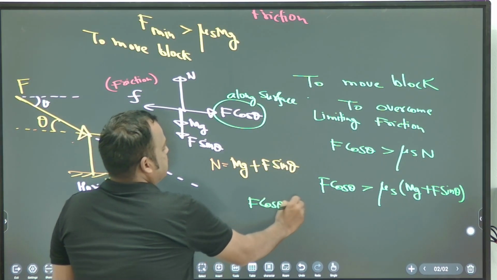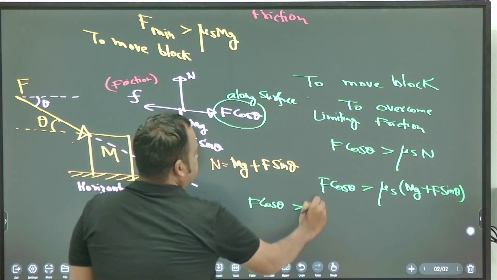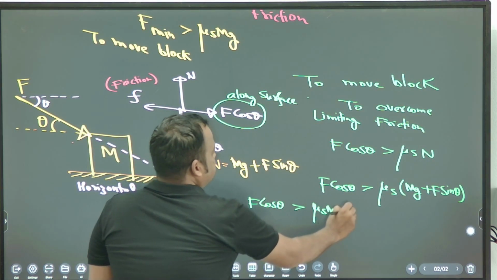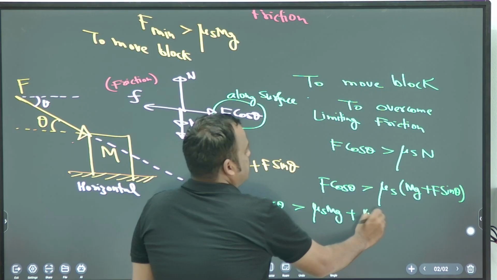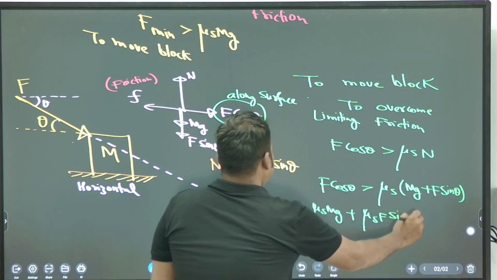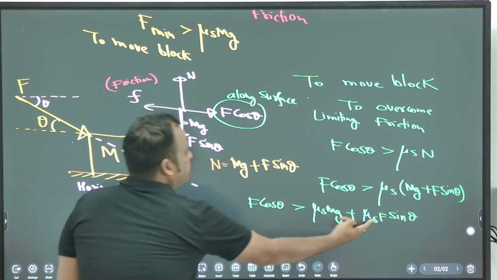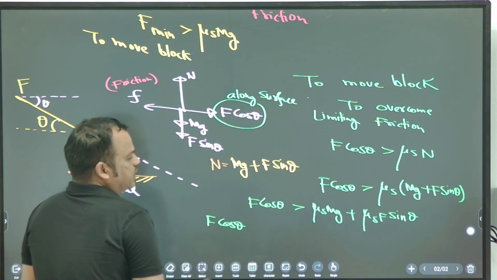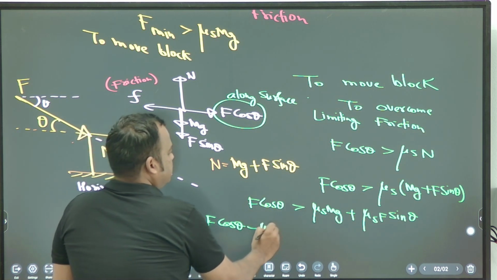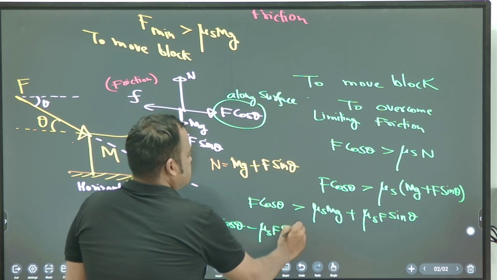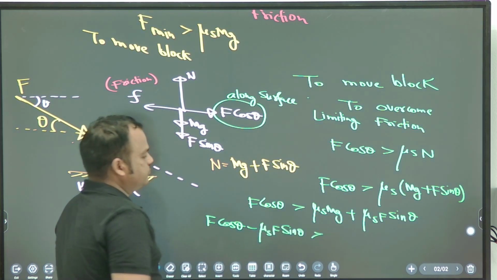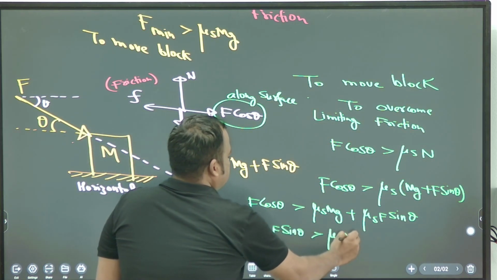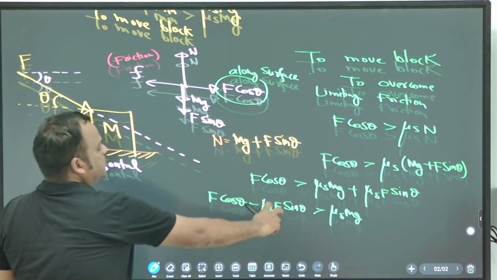So f cos theta must be greater than mu s mg plus mu s f sin theta. Now take this to the left side. So f cos theta minus mu s f sin theta is greater than mu s mg. Okay, understood.